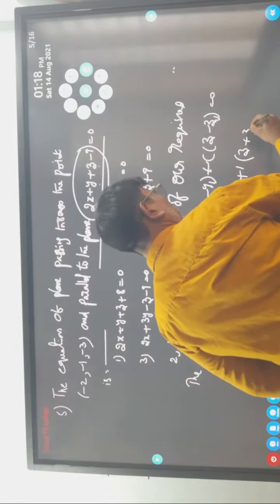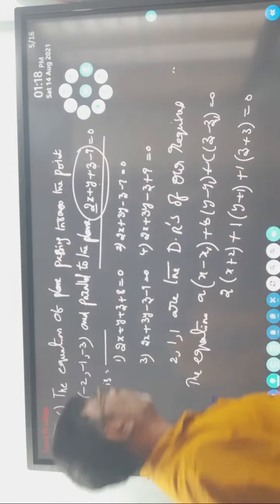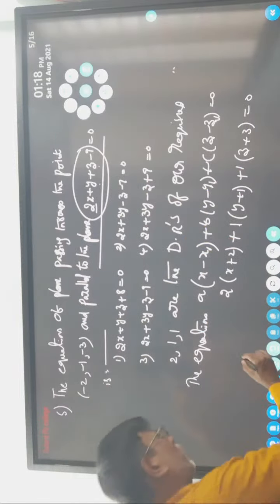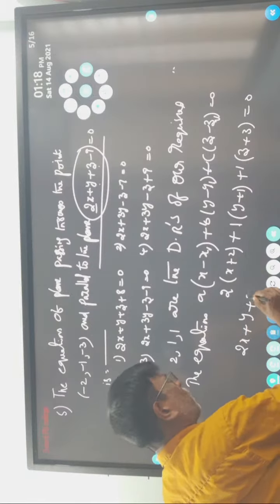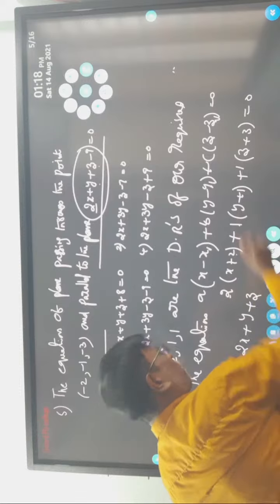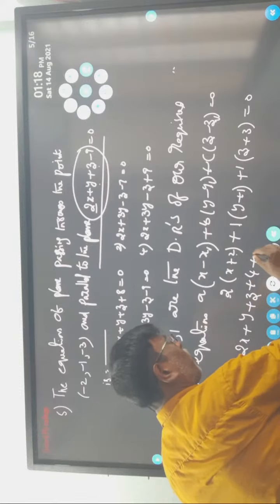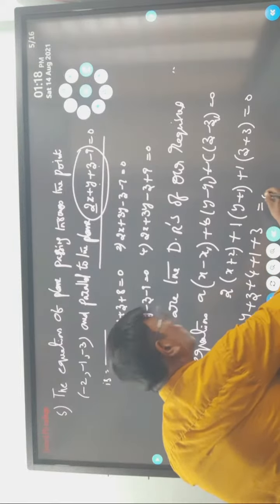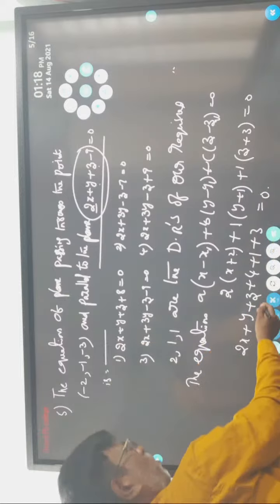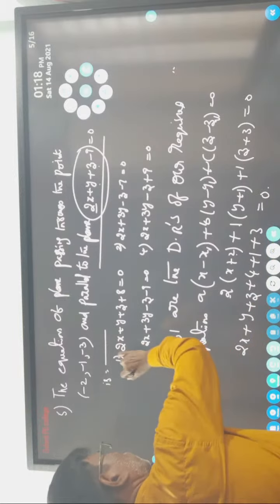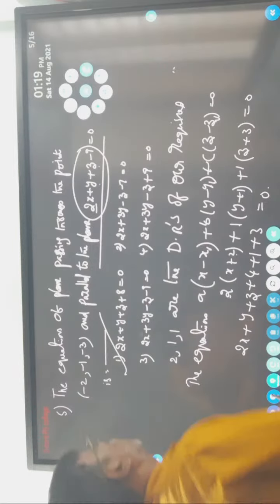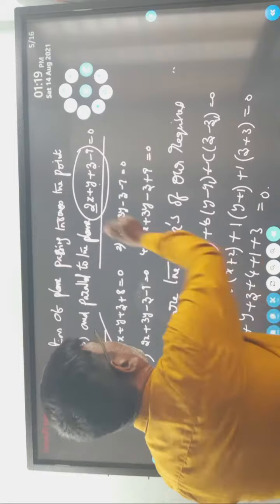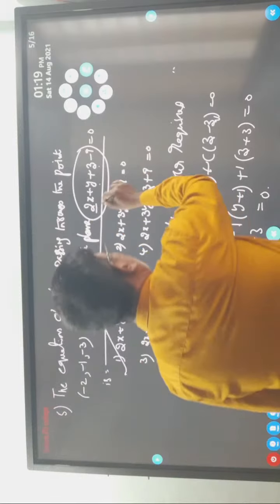That is given. If you simplify that, we will get the answer correctly. So 2x plus y plus z, then 4 plus 1 plus 3 gives 8. Check that: 2x plus y plus z plus 8. So this one is the correct answer. The equation of the plane passing through that point and parallel to the plane has normal DRs 2 1 1.